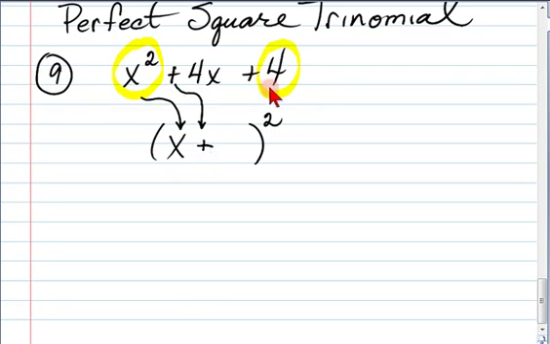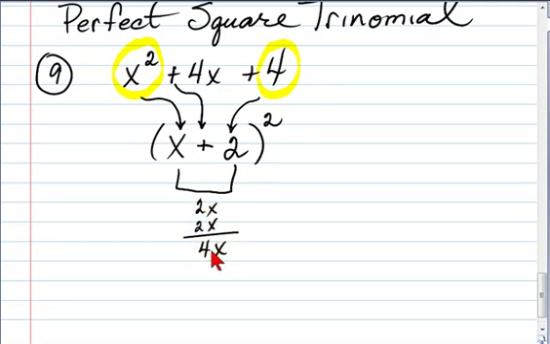What's the square root of 4? 2. Now, I haven't checked it yet. I know that x squared is x squared. I know that 2 squared is 4. What I have to check is multiply them for 2x, double it, and do you get 4x? Then I've got the factors. I'm done.